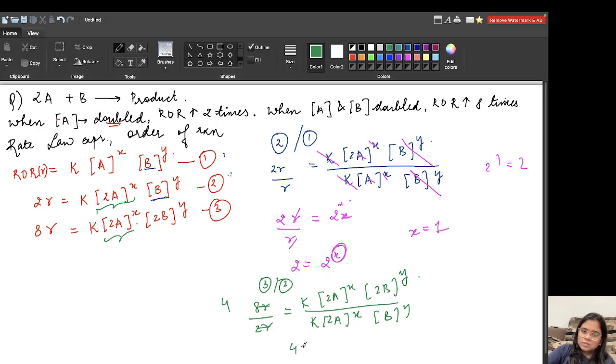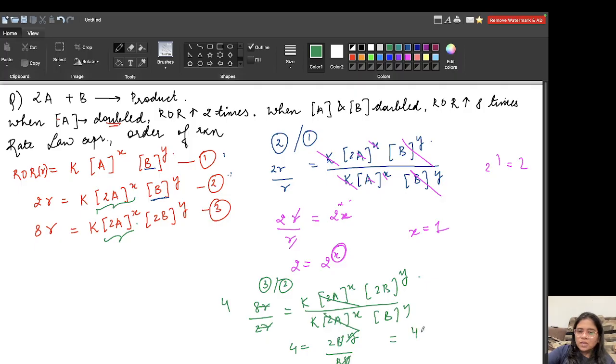So 4 equals this, and this completely gets cancelled. (2B) raised to the power y and B raised to the power y, B and B get cancelled. So what is remaining is y.